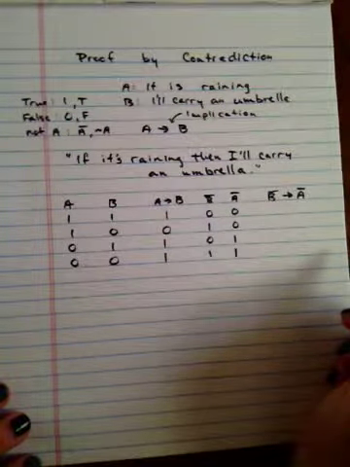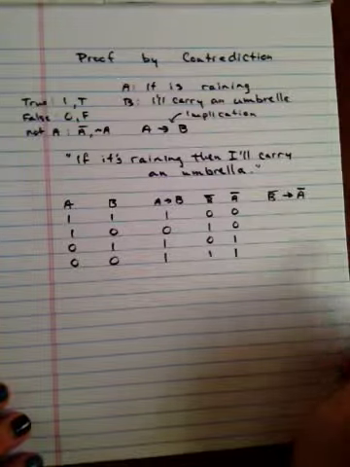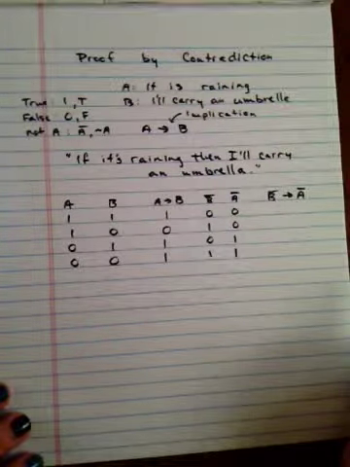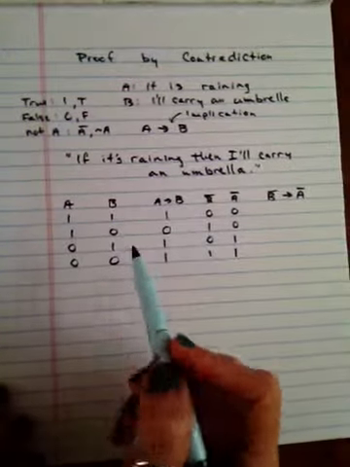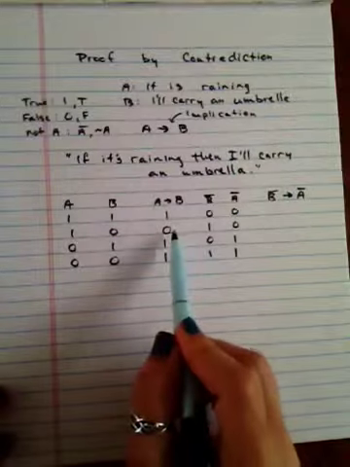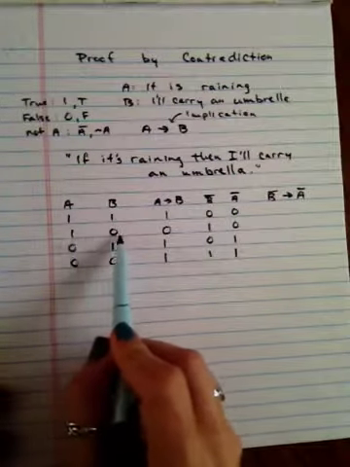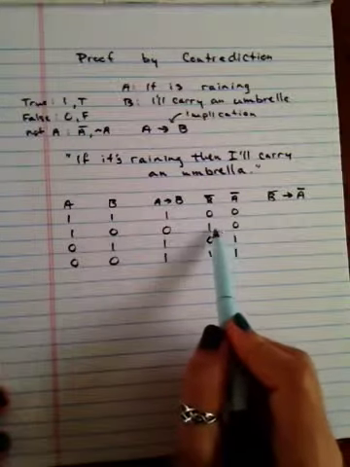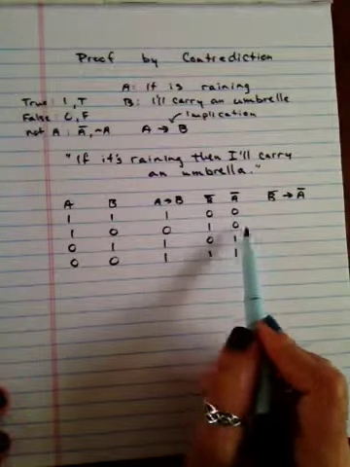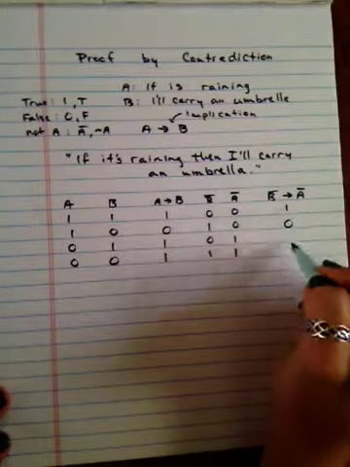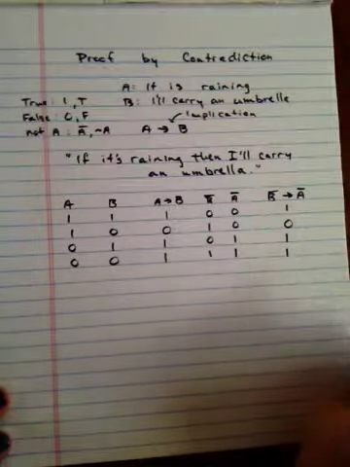The less you have to keep in your head, sometimes the better. How much you include on a truth table is totally up to you. It's what you need. So we've talked about the implication. The only time the implication is false is if you start true and end false. So we are going to start true and end false right here. So that is false. All other possibilities are the same.